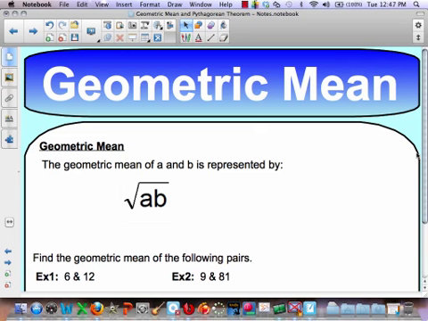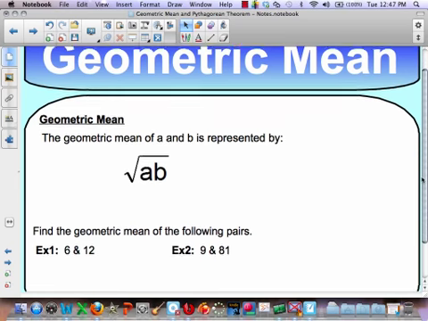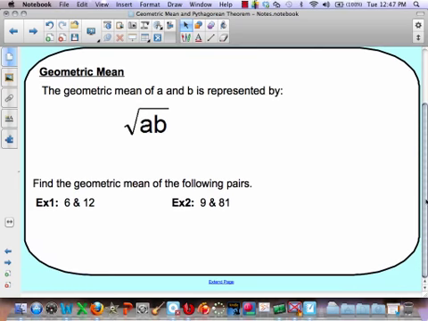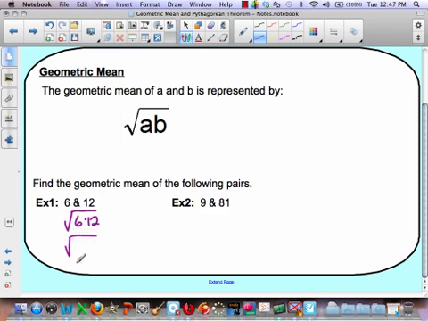So we'll look at example 1. I need to find the geometric mean between 6 and 12. How do I set up the problem? The square root of 6 times 12. What is 6 times 12? 72.